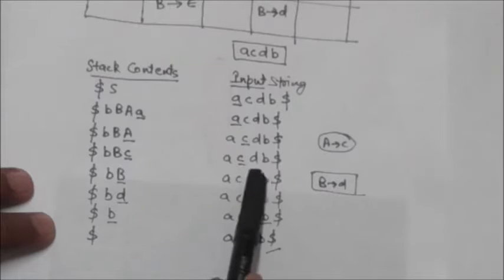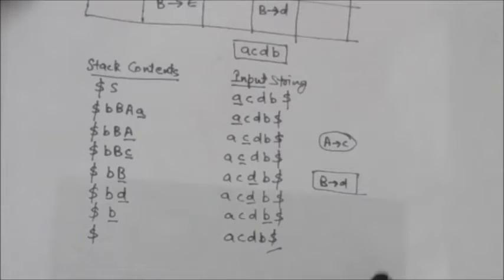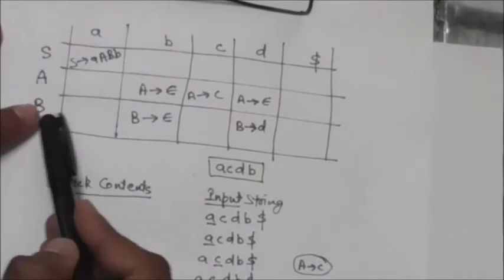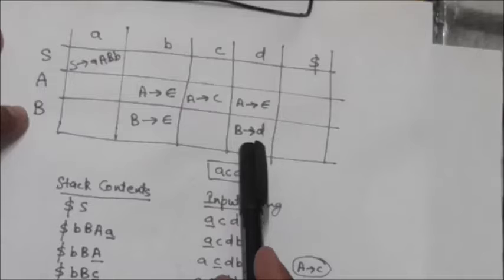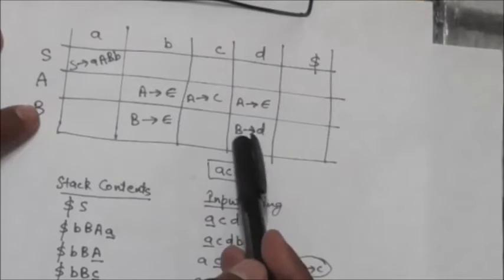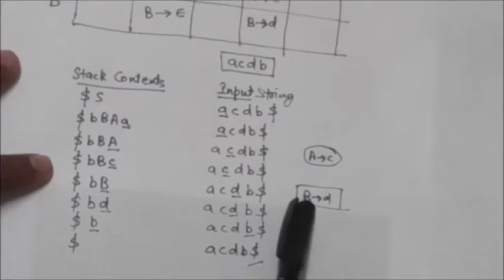So what we need to do, now we will search the parsing table, right, at row labeled by B and column labeled by terminal symbol D, right? So here at that entry, this production rule is there, B derives D, right?